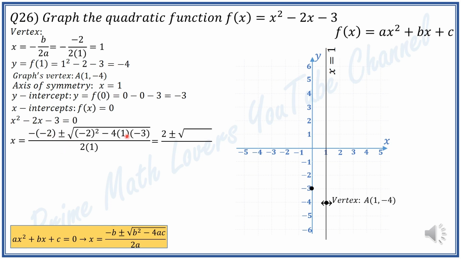So -(-2) will be 2, -2 squared is 4, and -4 times -3 is +12. 4 plus 12 will be 16, so 2 plus or minus the square root of 16 over 2, and the square root of 16 is 4, so it will be 2 plus or minus 4 over 2. 2 minus 4 over 2 means x is equal to -2 over 2, or -1, and 2 plus 4 over 2 means 6 over 2, or x is equal to 3.